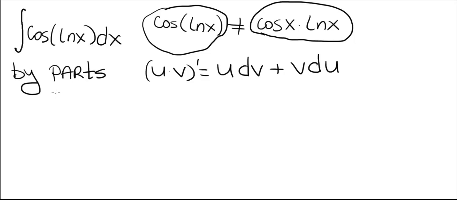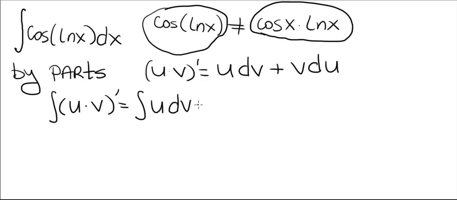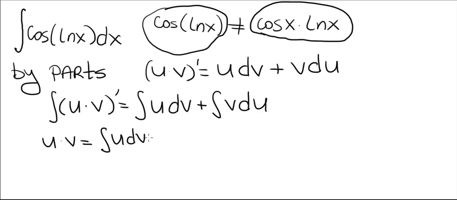Now, by integrating both sides, we have the integral of the derivative of the product, that is the integral of u times v prime, equals the integral of u dv plus the integral of v du. The fundamental theorem of calculus tells us that the integral and the derivative on the left cancel, and we just end up with u times v, and that's equal to the integral of u dv plus the integral of v du.